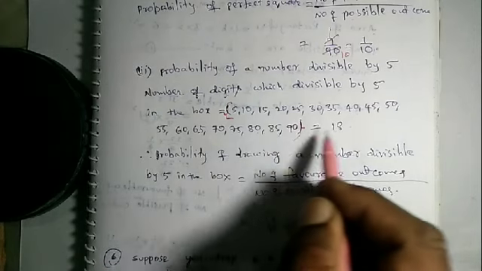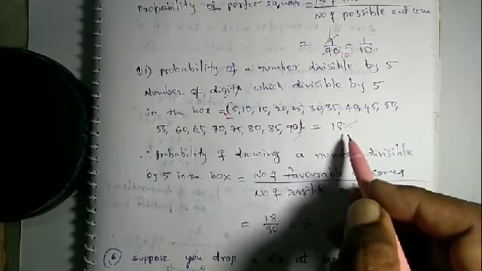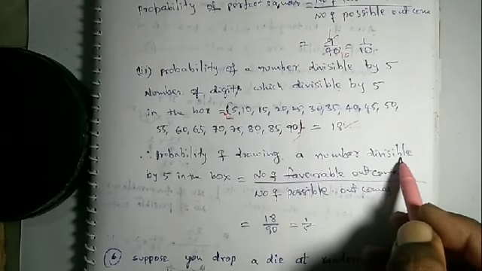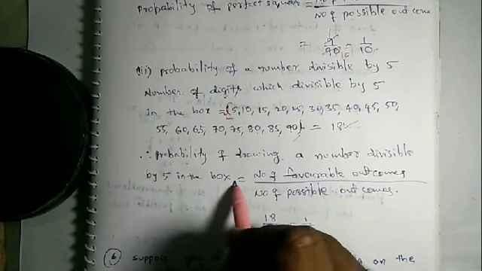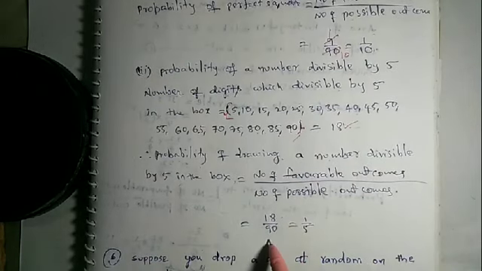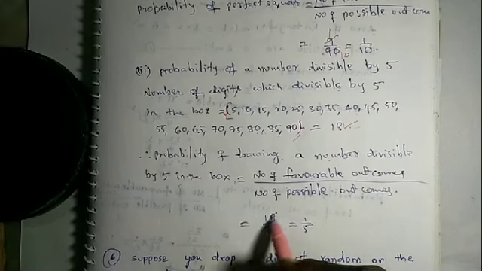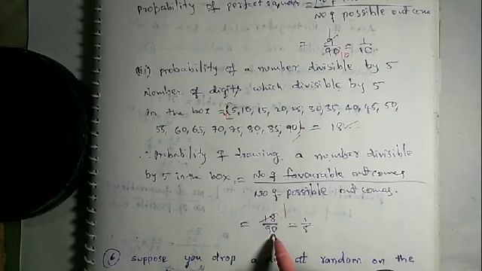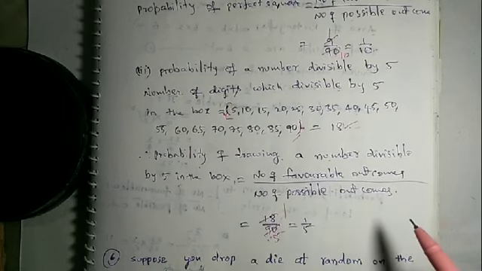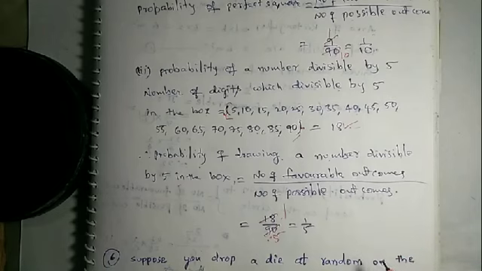These numbers are 18 numbers. So probability of drawing a number divisible by 5 in the box is equal to favorable outcomes 18, number of all possible outcomes 90. 18 fives are 90, so that is equal to 1 by 5.